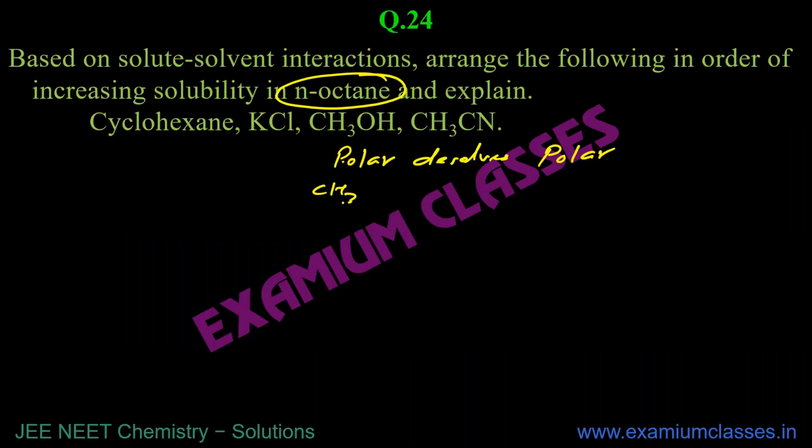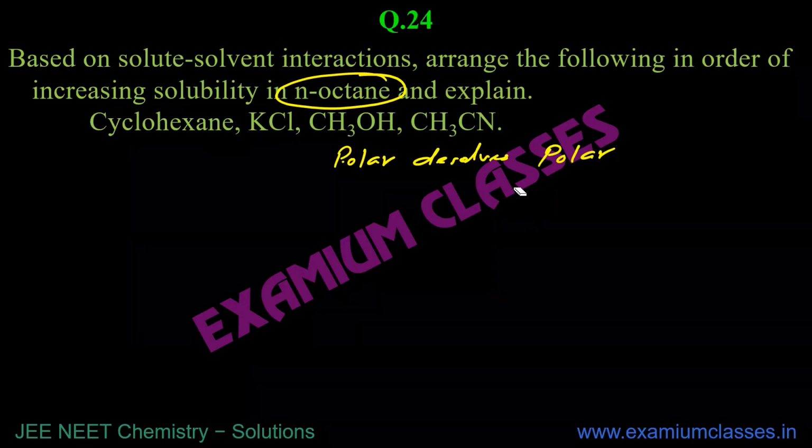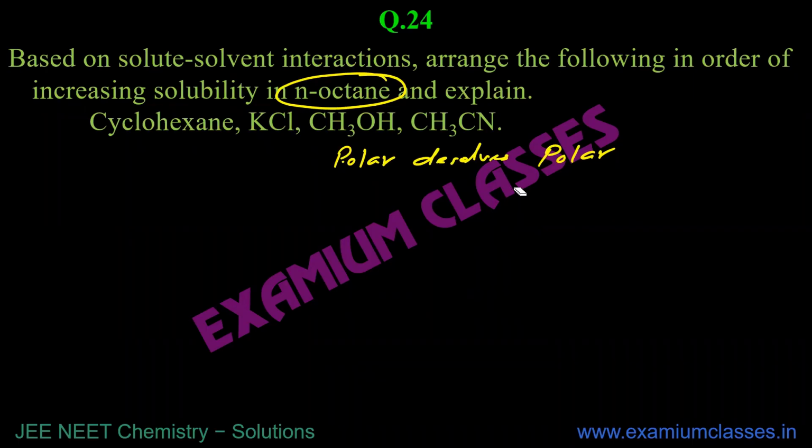This is just CH3, CH2, CH2, CH2, CH3, like this, 8 carbons. So because it is non-polar, non-polar will be maximum soluble in n-octane. So you need to find out which one is non-polar and which one is most ionic.